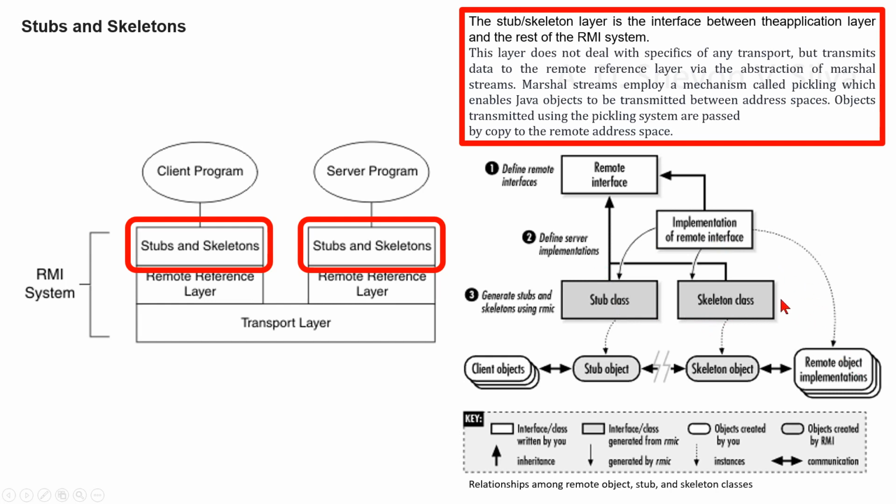The communication between local objects and remote objects is handled using these client stubs and server skeletons. The relationship among stubs and skeletons and the objects that use them is shown in this figure.